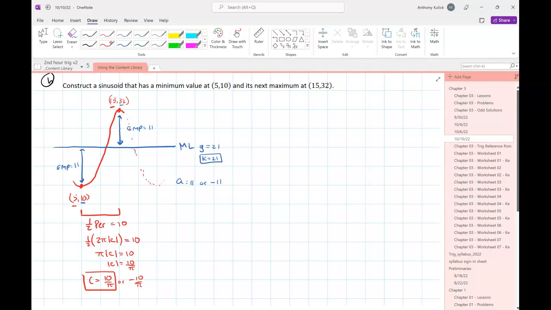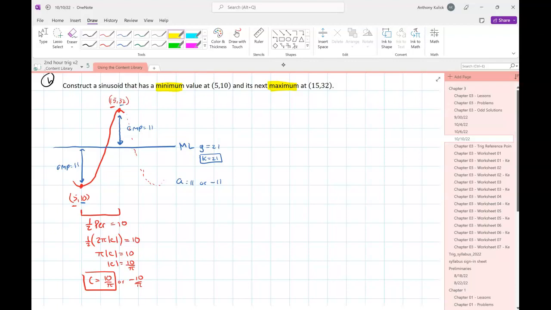I would pick a cosine function. That's going to be the easier one to write. The reason I would do that is because of the kinds of points I've been given. I'm given extrema. I'm given mins and maxes. Whenever I'm given mins and maxes, if I have a choice, I want to pick a cosine function.